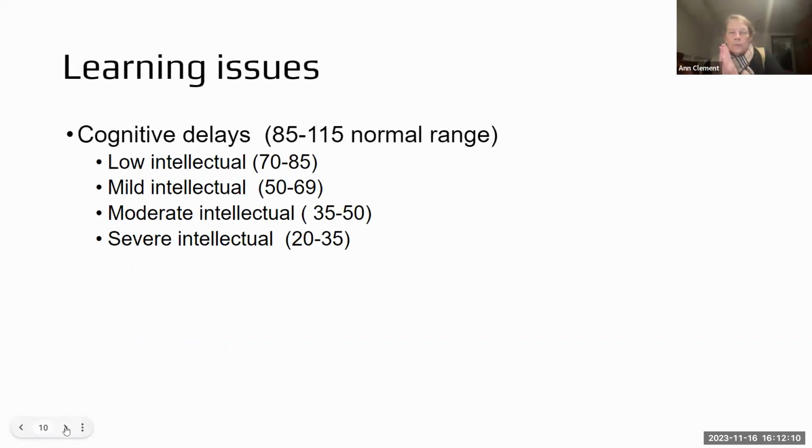So this is probably the most significant thing about learning issues with Down syndrome, and I'll mention it many times in this lecture: the cognitive delays. First of all, the cognitive delays are usually identified somehow in a system. It could be a psychologist at a school, a clinic, a hospital, or a counseling center. It varies by country.